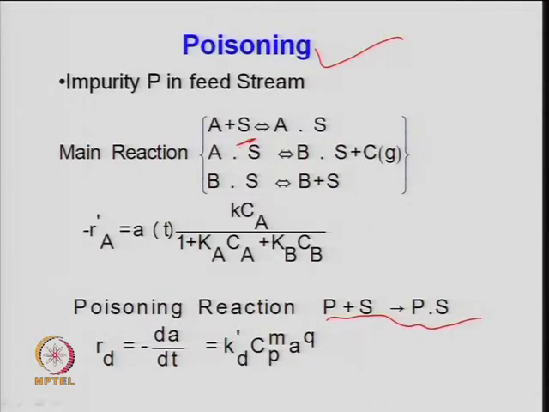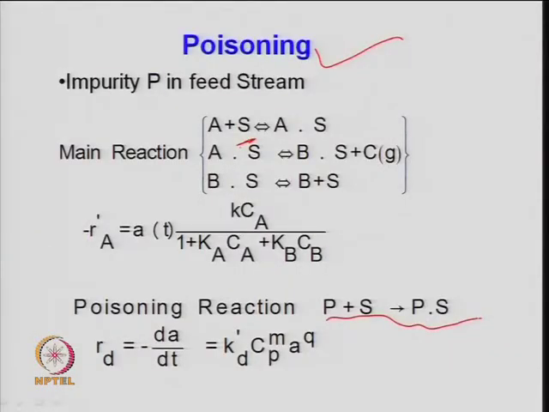So, A gives you B plus C, this is the main reaction. But since the feed contains a poison precursor like sulfur, it can be a sulfur compound, a nitrogen compound, or any oxygenated compound in the feedstock, that adsorbs on the surface of the catalyst and makes P S, which is the chemisorbed poison precursor. This is the kinetics of the main reaction which we have already discussed earlier.